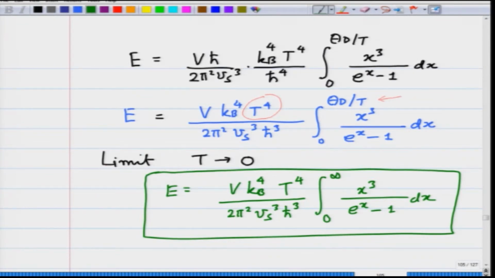And notice that this integral is a number, it does not depend on T anymore. So, this is exactly like photon dependence.